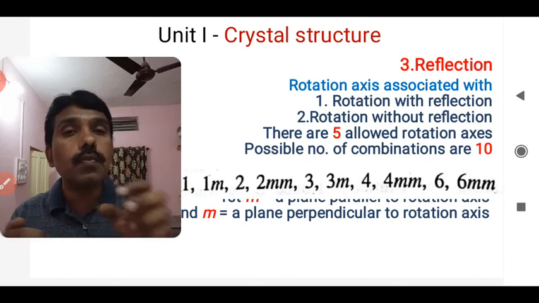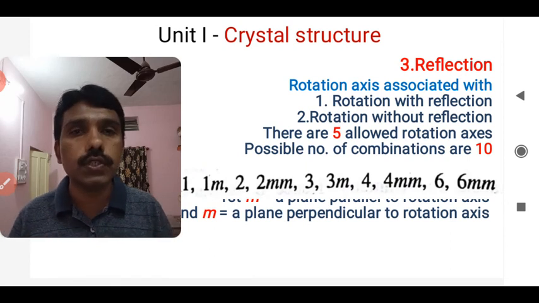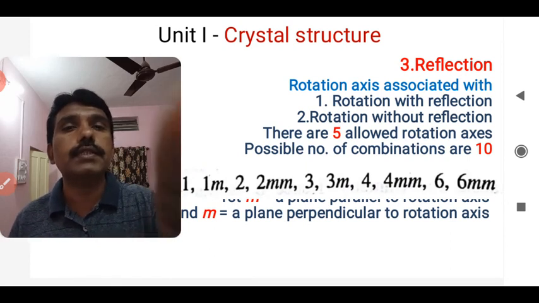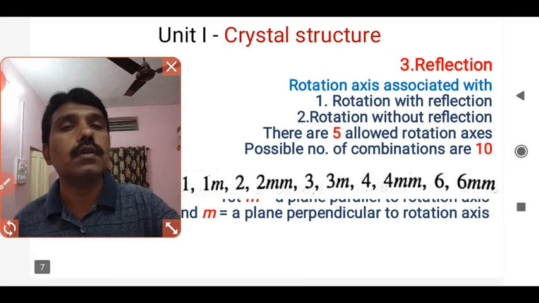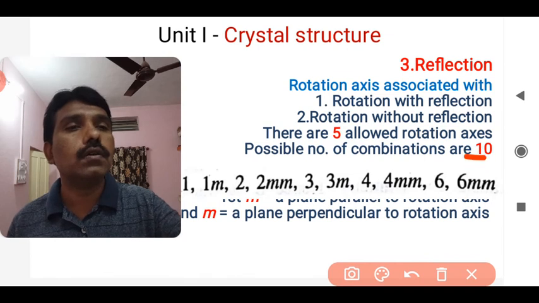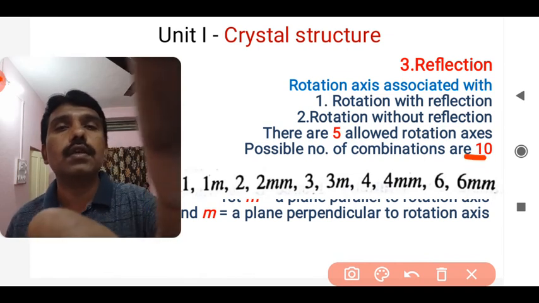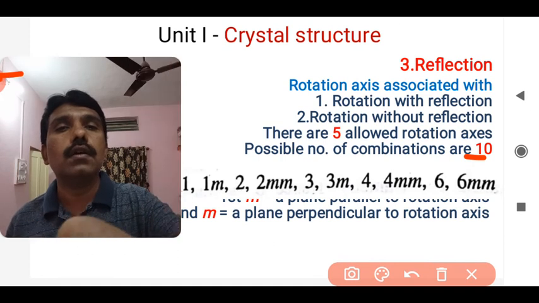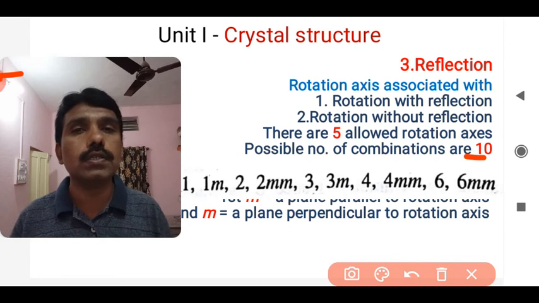But the possible number of combinations of rotation with reflection symmetry becomes 10. So 10 possible combinations are there.